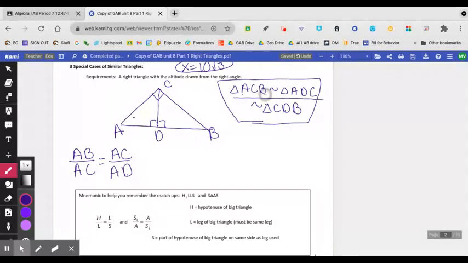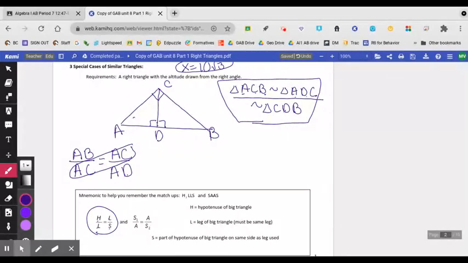So AB corresponds to AC as AC is to AD. That is the mean proportional. AC is the mean proportional because it's the same, which we'll often refer to as hills, which is our whole hypotenuse is to the adjacent leg as that leg is to the adjacent segment.